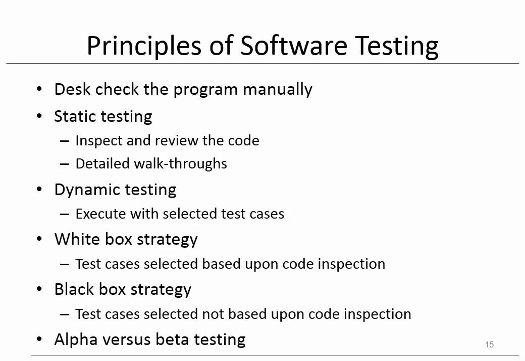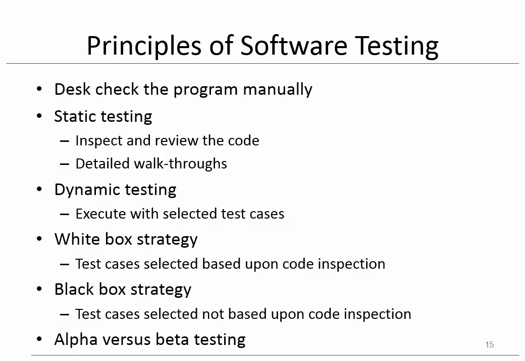The test cases themselves can be selected according to a white box strategy or a black box strategy. A white box strategy means that we're going to get into the code in order to select the test cases. In white box testing, we can pay special attention to if-then-else selections in the code, to loops and so on, and carefully select our test cases so as to check any boundary conditions with respect to the if-then-else statements or loops.